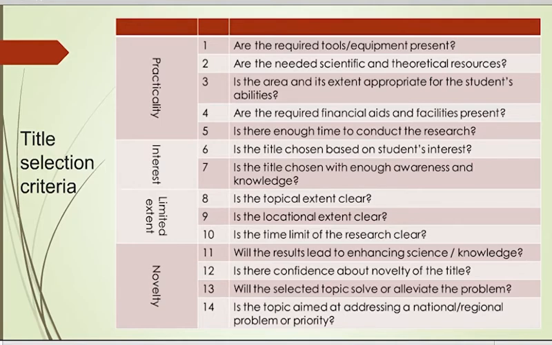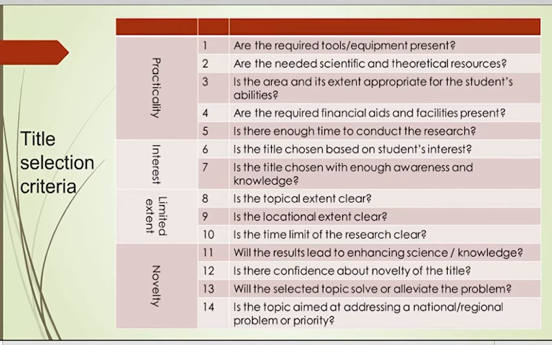We have 14 criteria that can be used to make sure that our title is a good title. The first 5 discuss and show whether our title is really practical. We can actually do it.